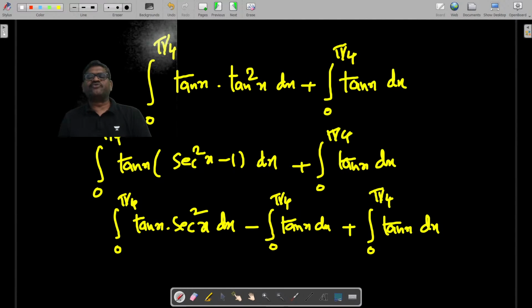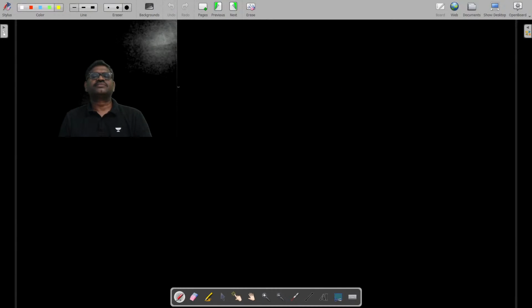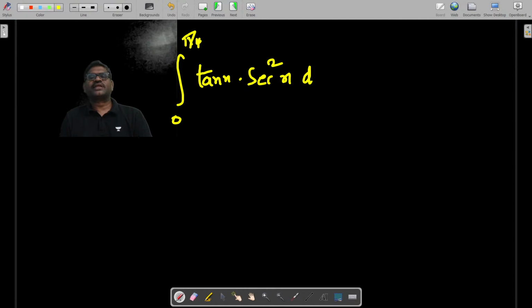These two terms cancel, and we get the integral from 0 to pi by 4 of tan x into secant square x dx.